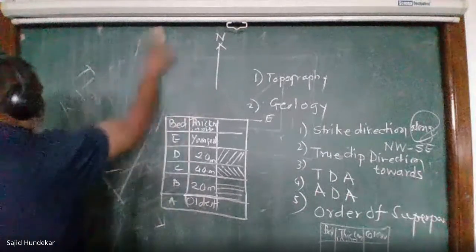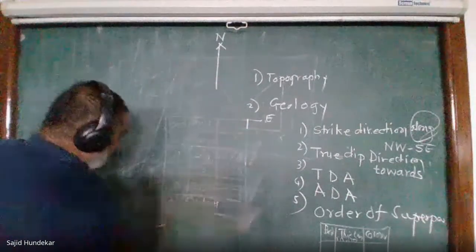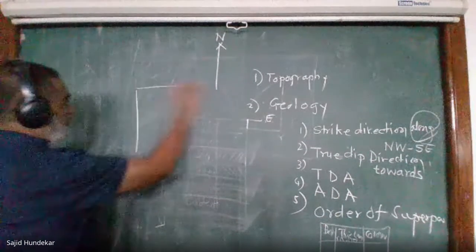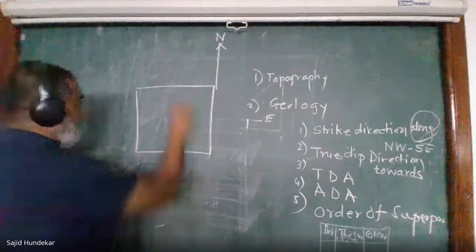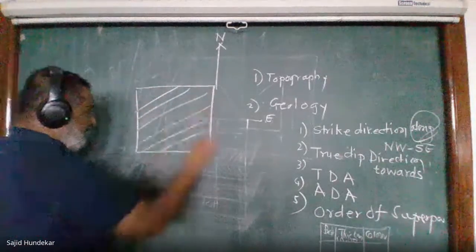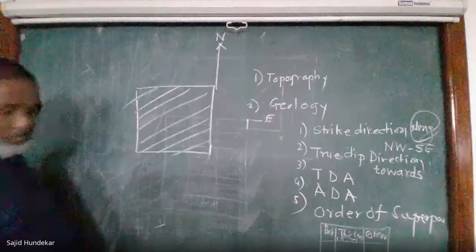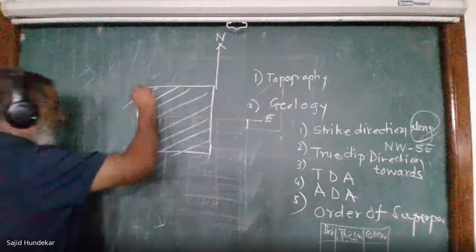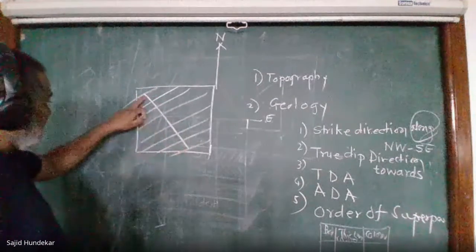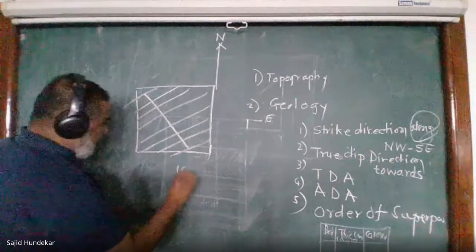I'll give the example here. This is the map. Now I have drawn these strike lines. So what I do now, from the first strike line to the last strike line, I measure the perpendicular distance. So assume now I got 10 centimeters.